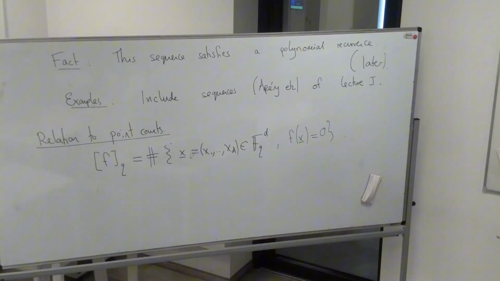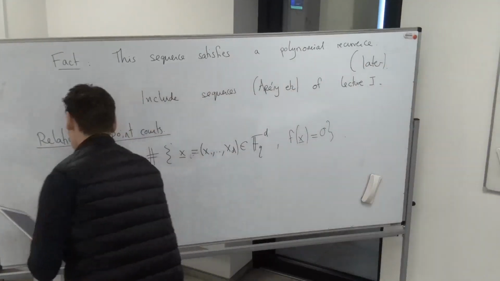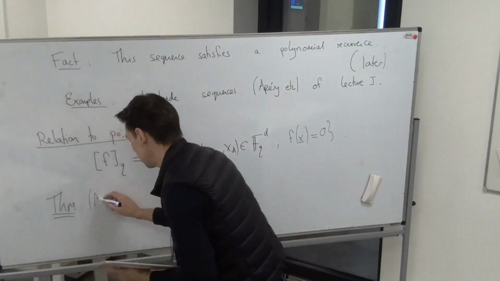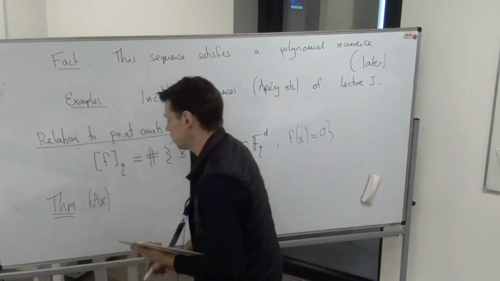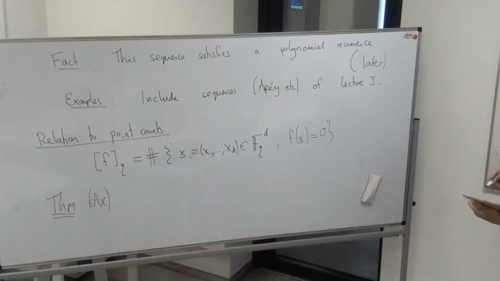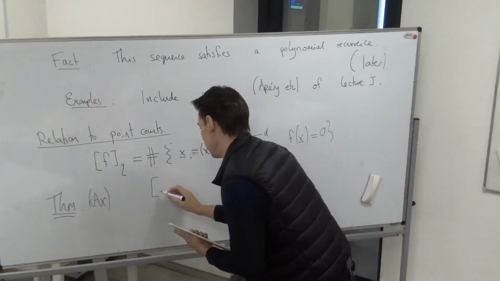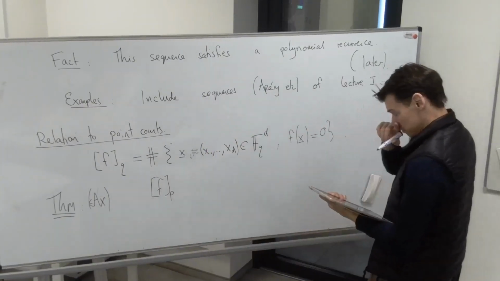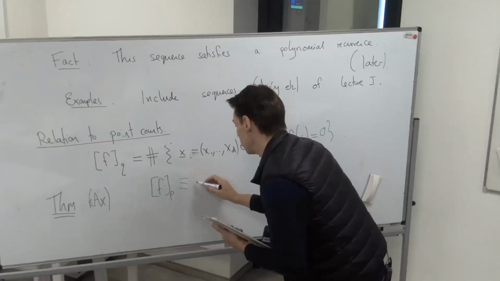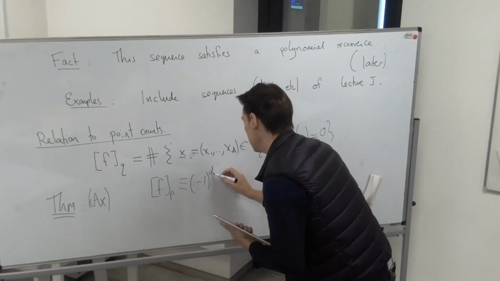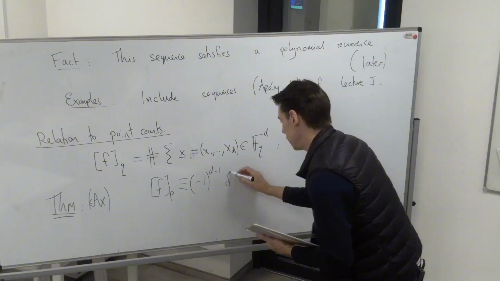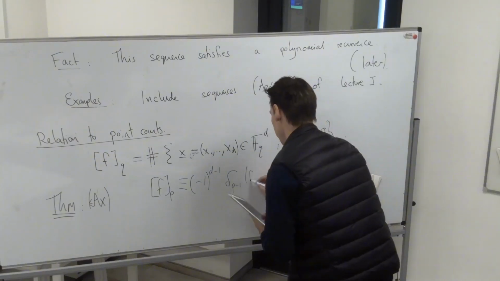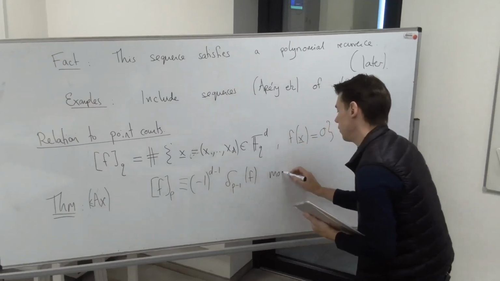That's an integer. And the theorem I mentioned briefly last time, and I don't know who it is, it's certainly Ax, but I think it's before Ax, is that if q is just a single prime, then the point count over F_p is congruent to (-1) to the d minus 1 times delta p minus 1 of f mod p.